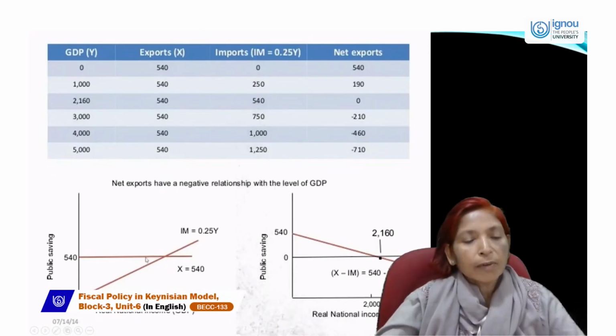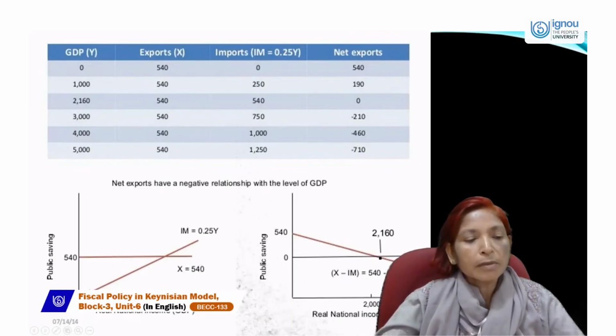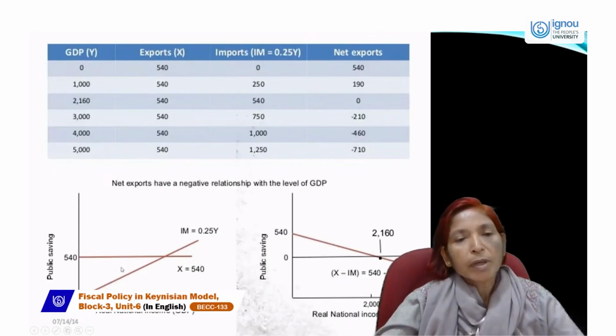And in the first diagram, first we have taken the export line, which is always constant or autonomous. It is a horizontal line, parallel to the x-axis. The import curve starts from the origin, because the first value of imports is 0, and then the import value increases, so it is an upward sloping line.